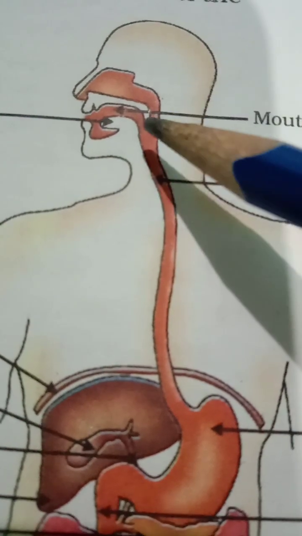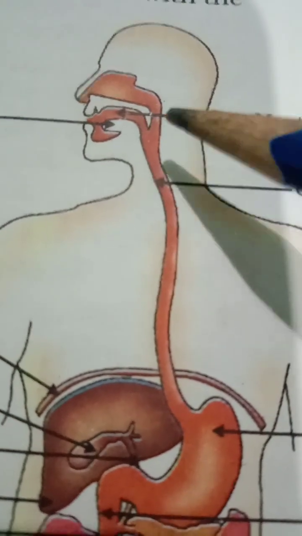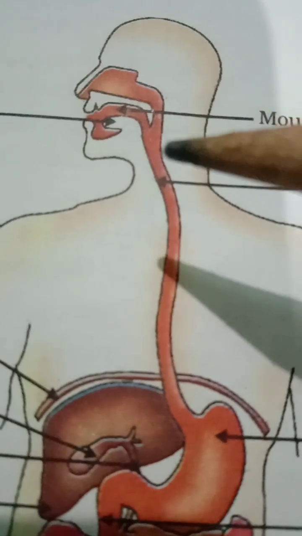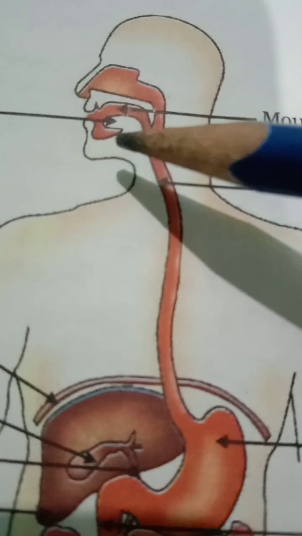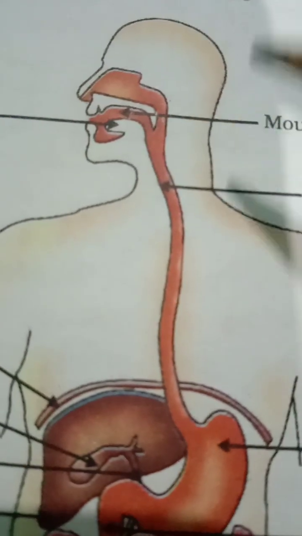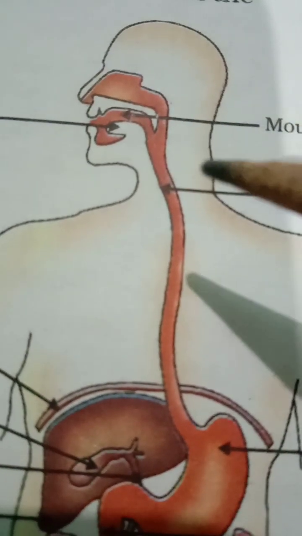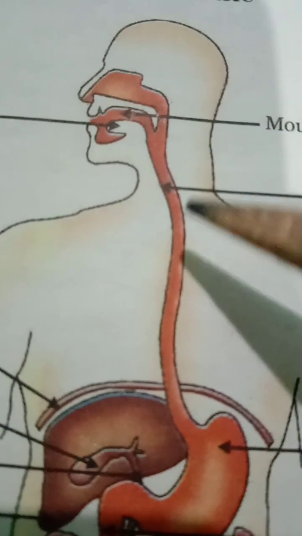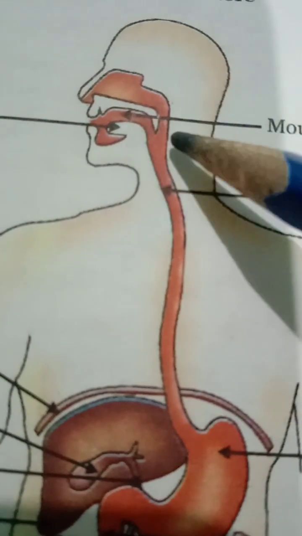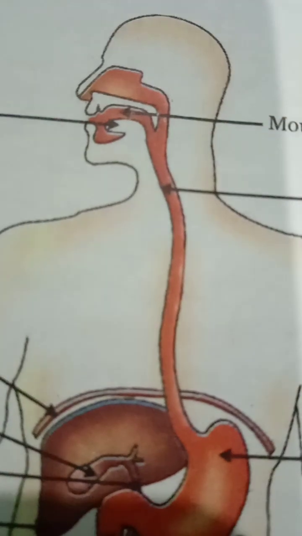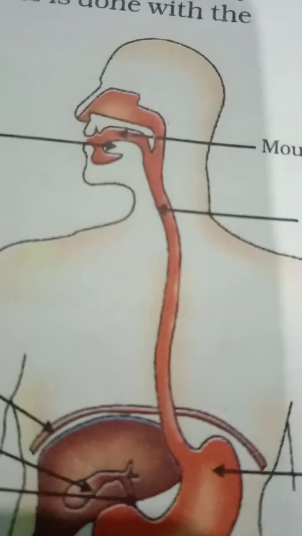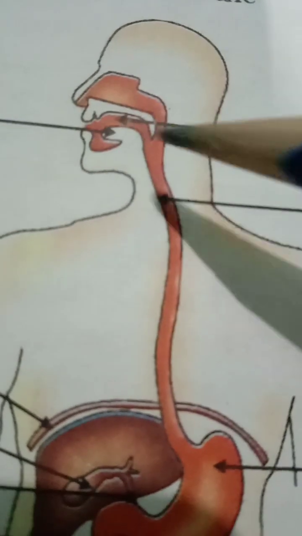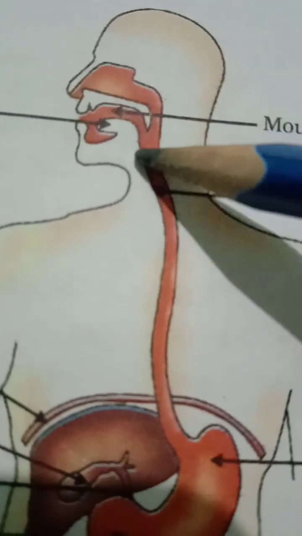Salivary glands are present on the sides of your face, near your teeth. Different types of salivary glands are there: parotid glands, sublingual glands, submaxillary glands.